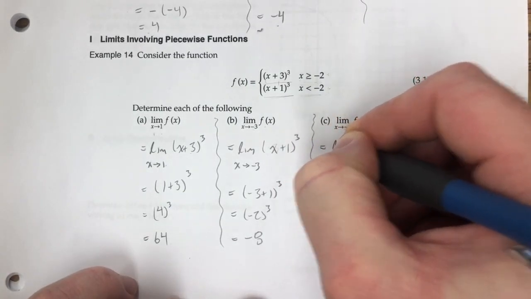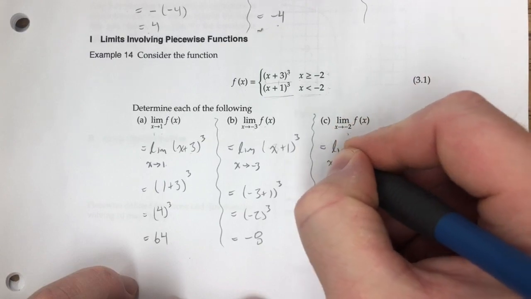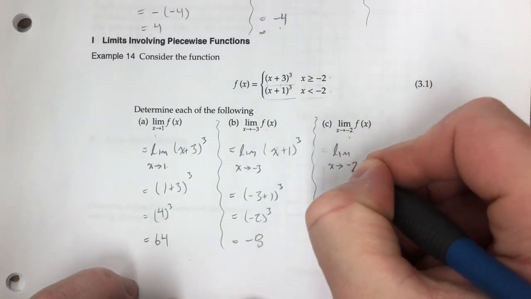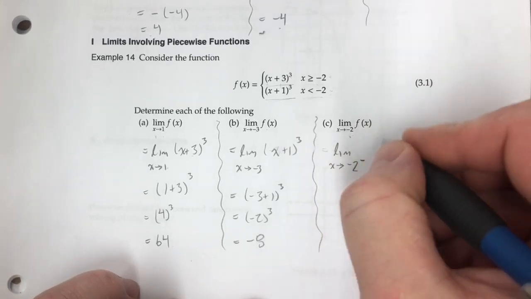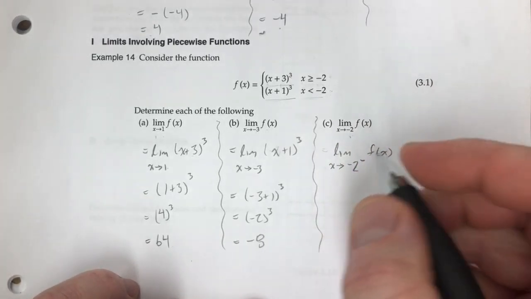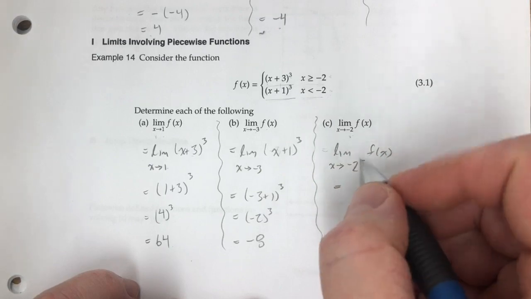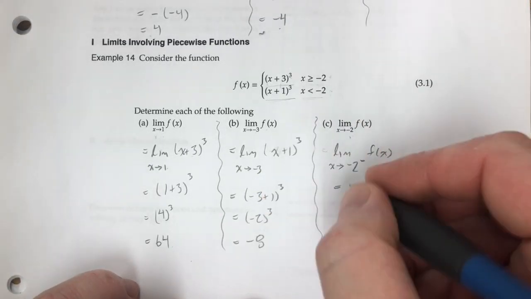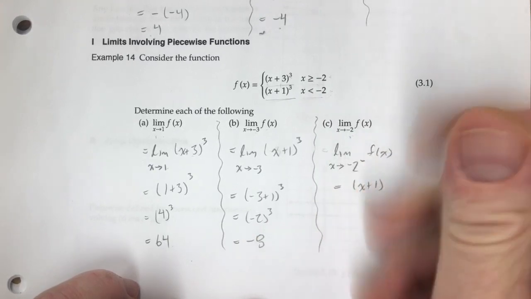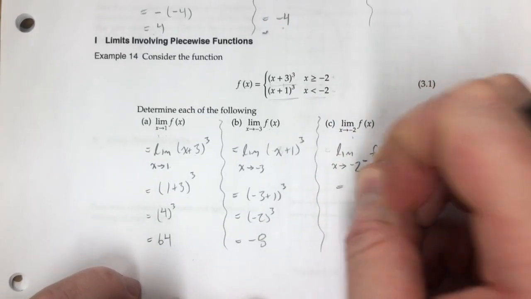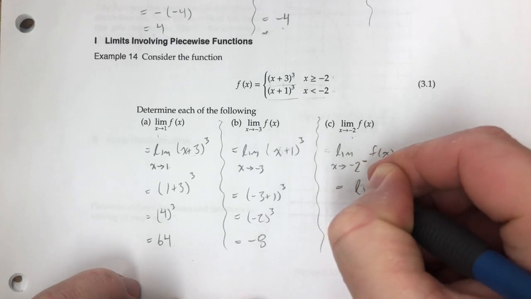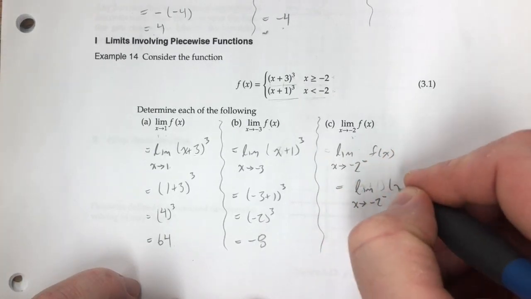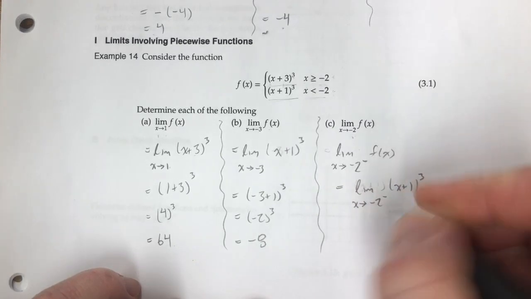We need to check the limit as x approaches negative 2 from the left. On the left-hand side of negative 2, we use (x plus 1) cubed.